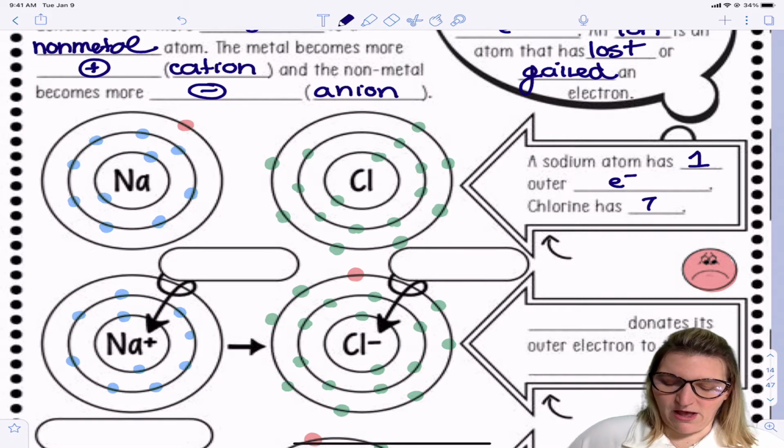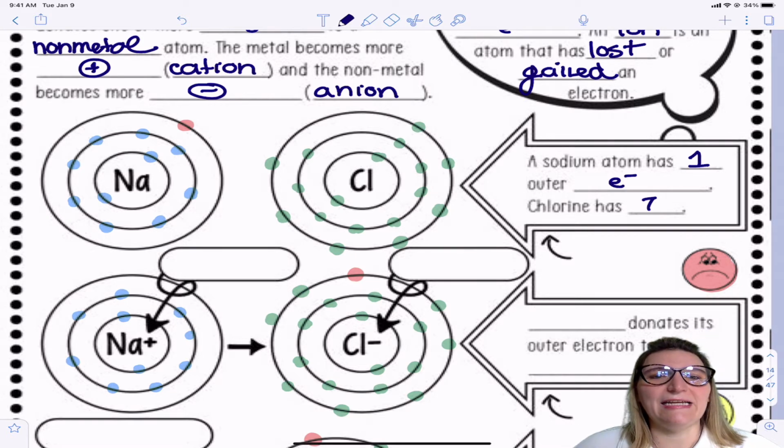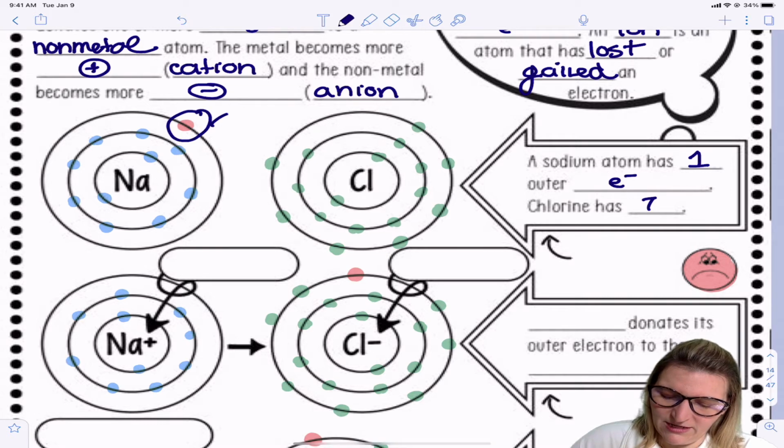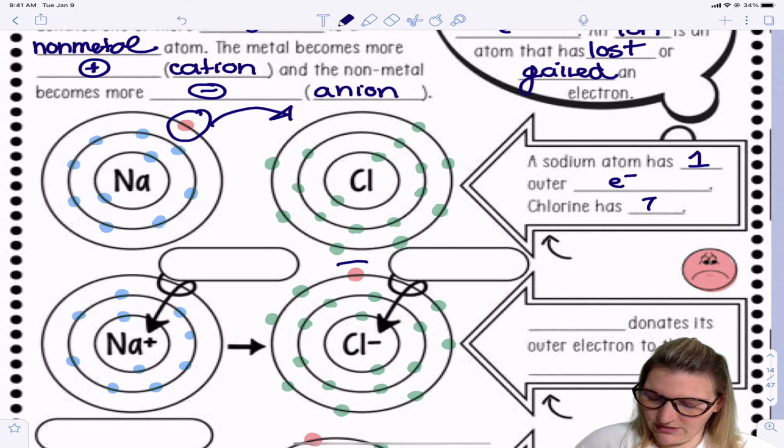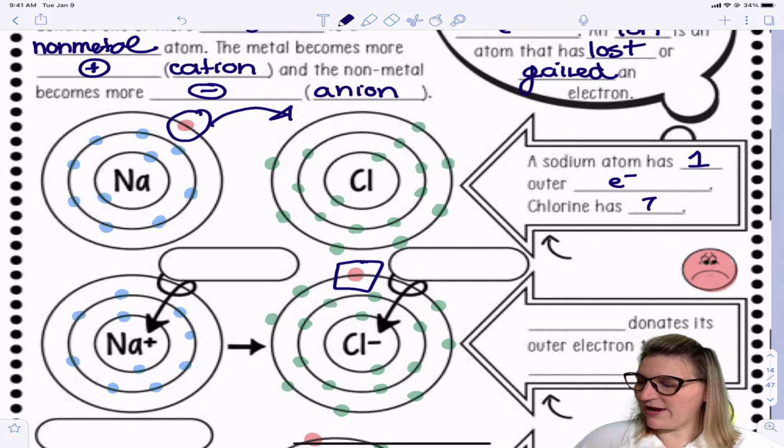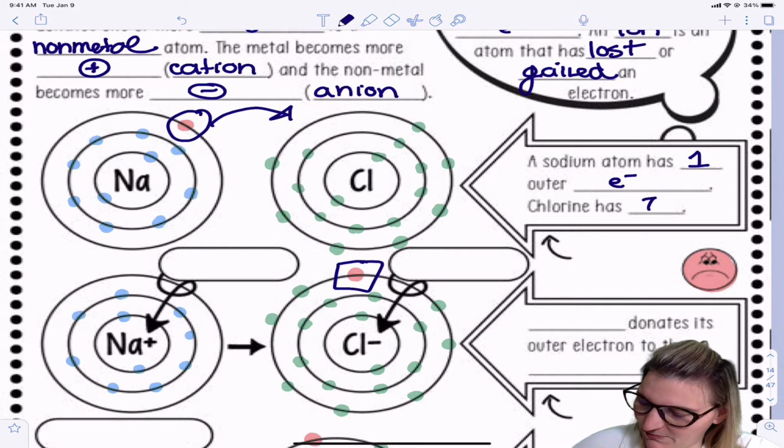You can see I drew that in as a red dot, because that's the one it's going to lose. You can see that what happens is it gets transferred. So here it is over on the right-hand side. At the beginning of this, you can see the little frowny face, when sodium has 1 valence electron and chlorine has 7. Neither atom is stable.